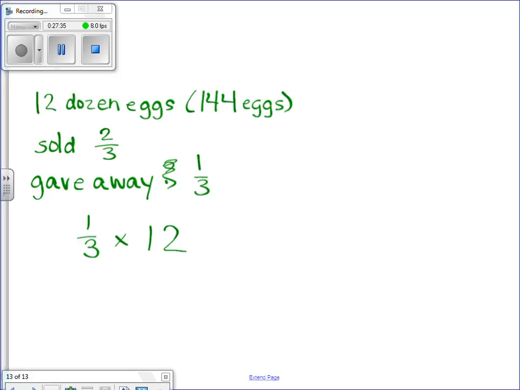How many dozens is that? 4 dozen. How many eggs did he give away? 48. He gave away 4 dozen, which is 48.